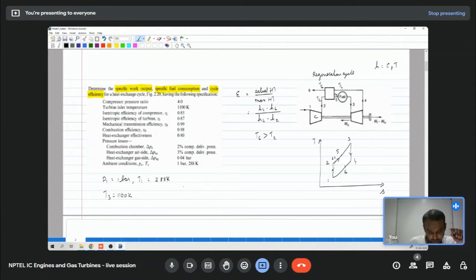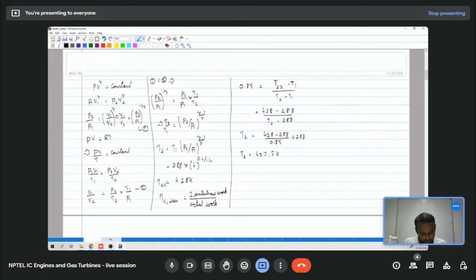So T4 can be calculated because we know the pressure ratio and the inlet temperature. So here we have T3 by T4 is P3 by P4 power gamma minus 1 by gamma. Here T3 is 1100 Kelvin.